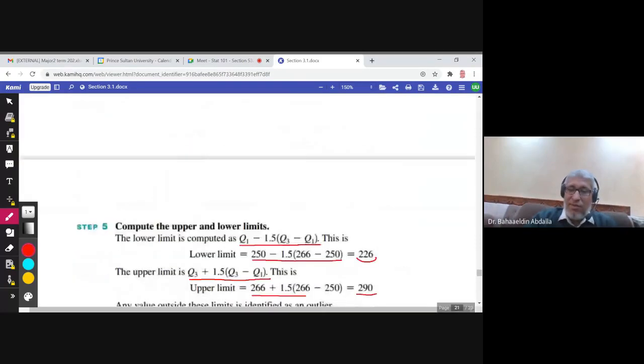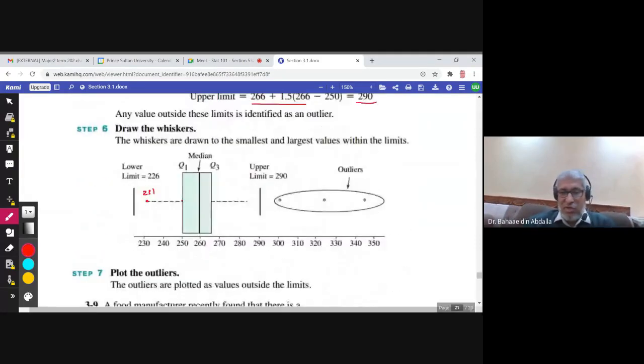It is the highest number less than 290. So I take the whisker, the dashed line, from the box to 286. So this is how we draw the whiskers. The whiskers should not go beyond, should not intersect with the lower limit or the upper limit.